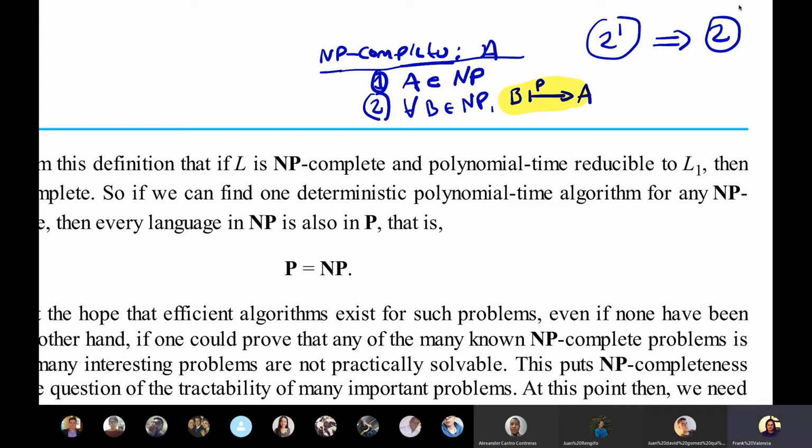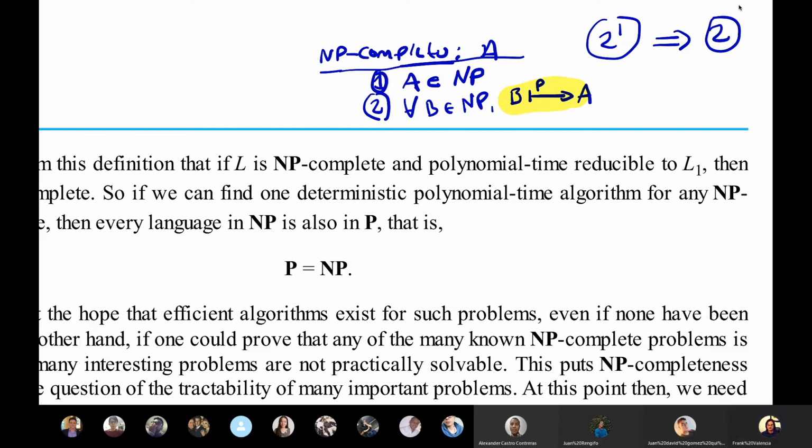The first condition is very simple, right? It's just to find a polynomial time non-deterministic algorithm. And you know how to do that. You just guess and verify. Guess and verify. Okay?